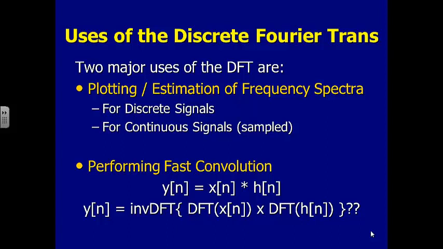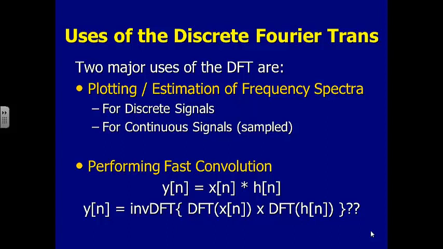Because if I convolve two sequences, if they're both the same length, like M, I need M squared computations. If I just did pure DFT transforms and multiplication and inverse transforms, I would probably end up doing more work.